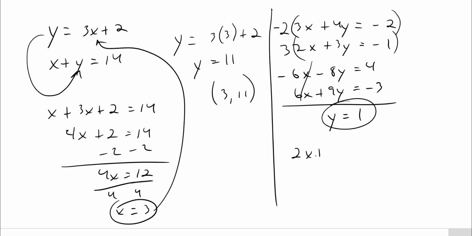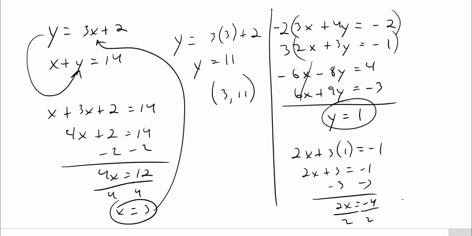So 2x plus 3 times y, so 2x plus 3 equals negative 1, subtract 3, 2x equals negative 4, and divide by 2. So x equals negative 2. Okay, so my answer for this problem is negative 2, comma 1.